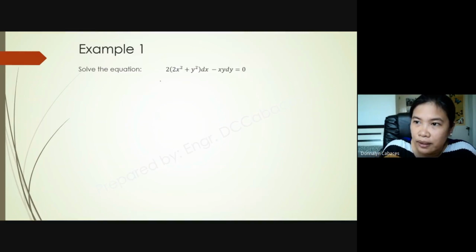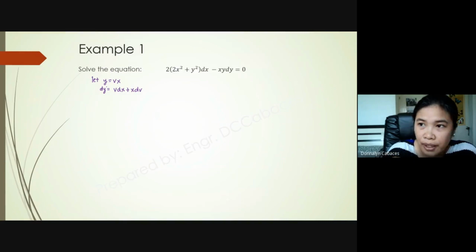We start with introducing the new variable. Let y be equal to vx. v here is a new variable. So when you take its dy, you will be taking the derivative of the product: v dx plus x dv. Then we need to substitute it into our given differential equation. So let us distribute also the 2 here in the given differential equation.